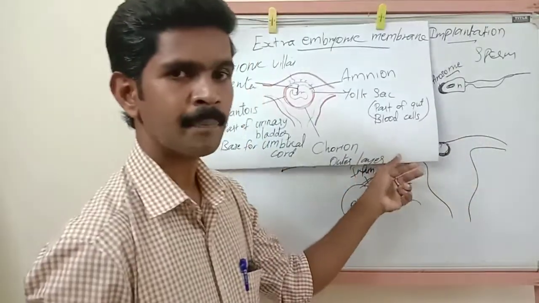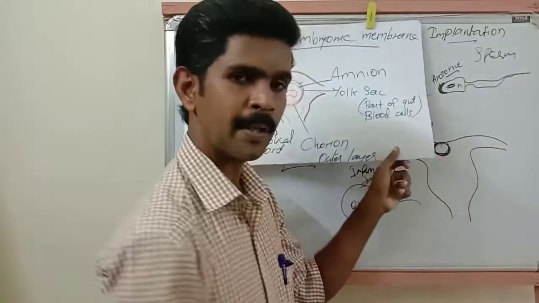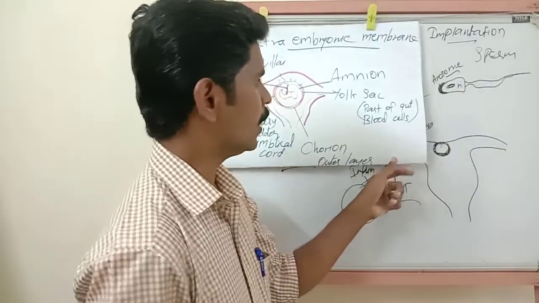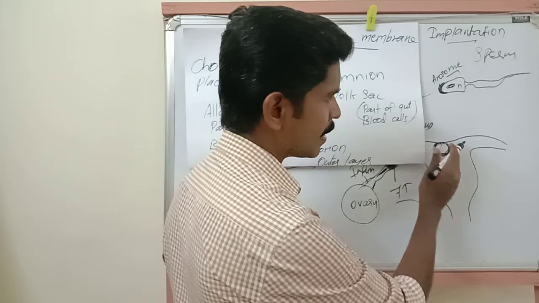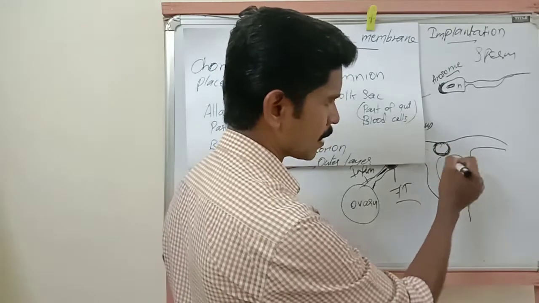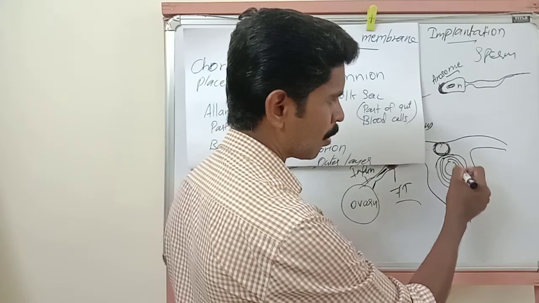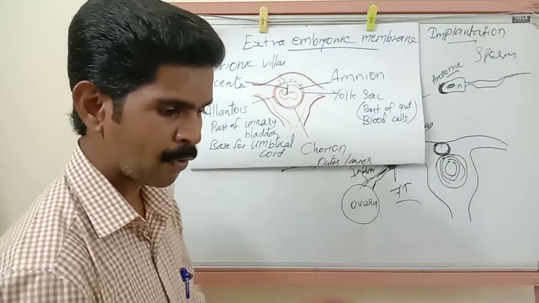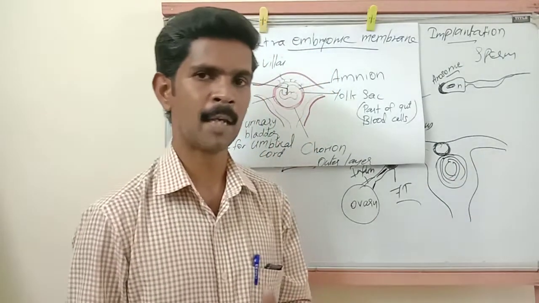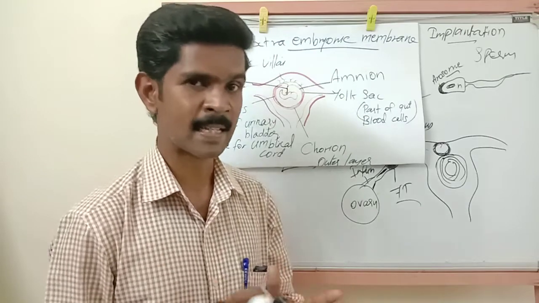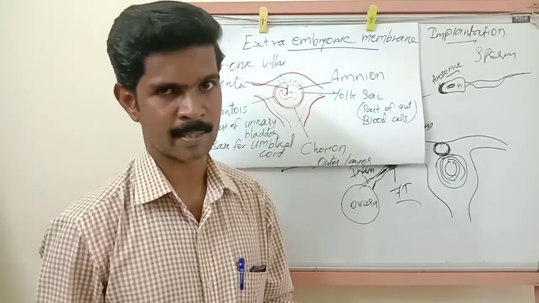When the baby is developing inside the uterus, it is protected by 4 membranes, which protect the baby from external shock and injuries.